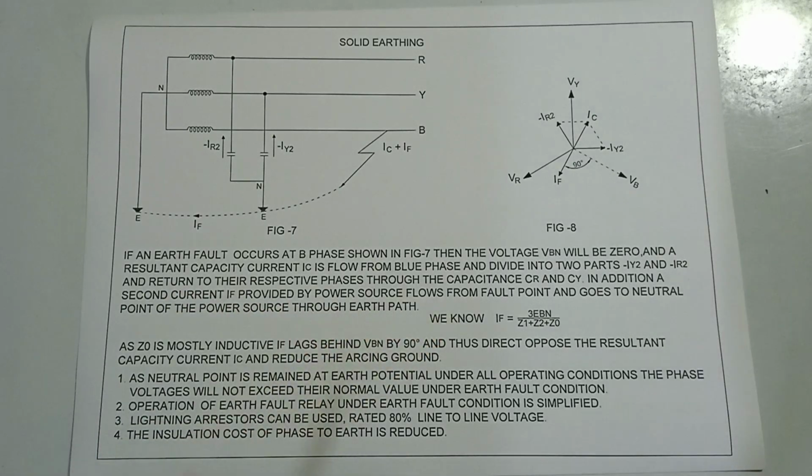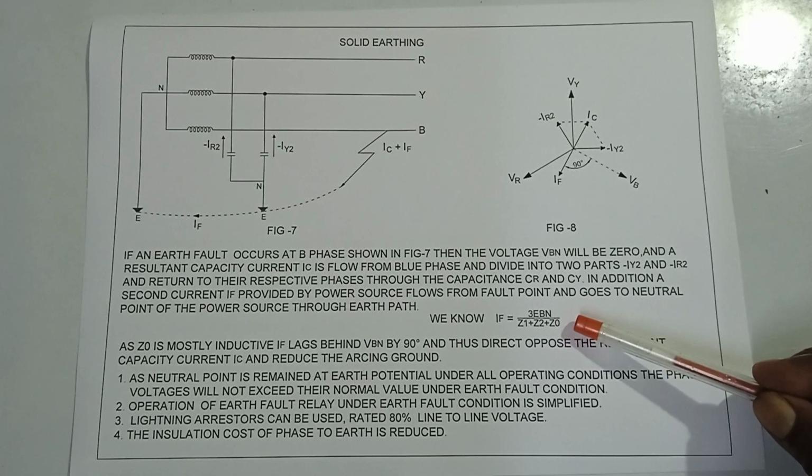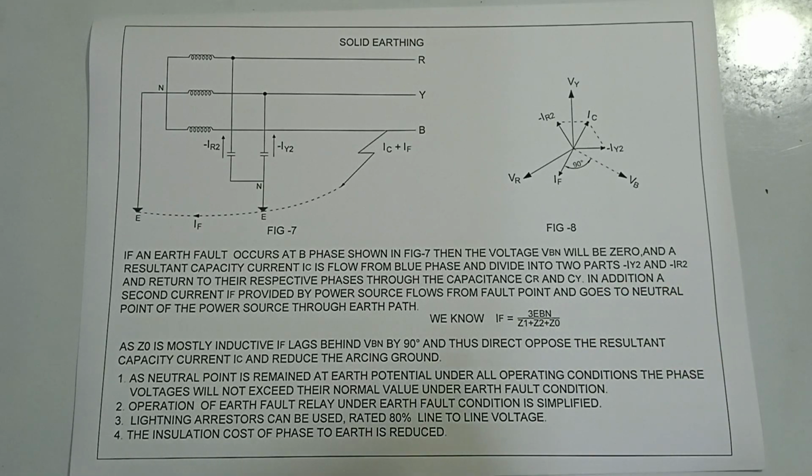We know IF is equal to 3EBN divided by Z1 plus Z2 plus Z0. Z1 is the positive sequence impedance, Z2 the negative sequence impedance, Z0 the zero sequence impedance.